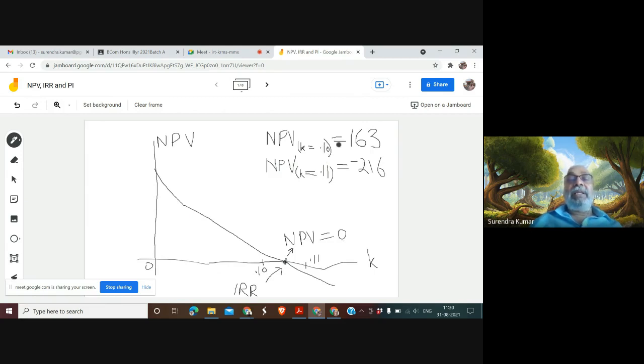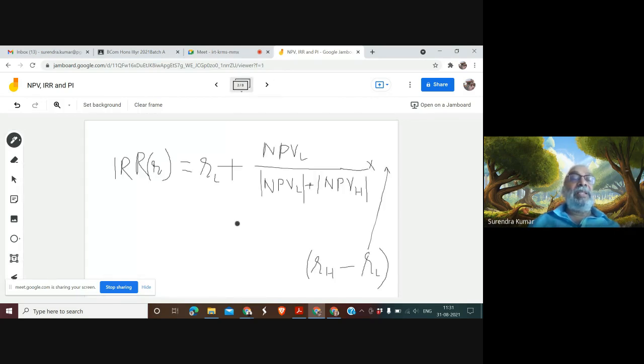At a 10% discount rate, our NPV is positive, and at an 11% discount rate, our NPV is negative. Like we know, as we increase the discount rate, our NPV will decline, but it has declined so much that it has gone negative. So we know from this calculation that our IRR, the rate at which NPV becomes 0, is somewhere between 10% and 11%.